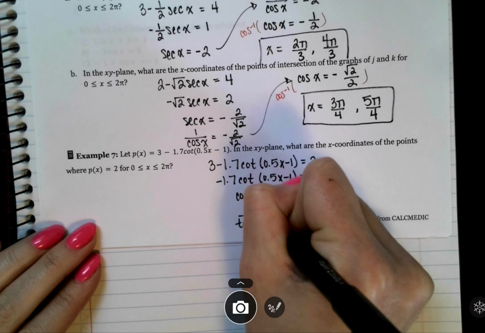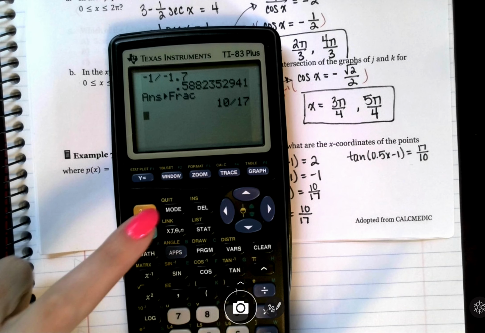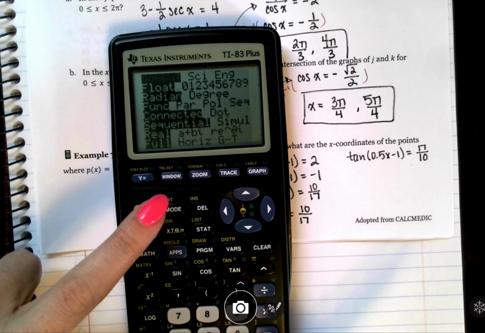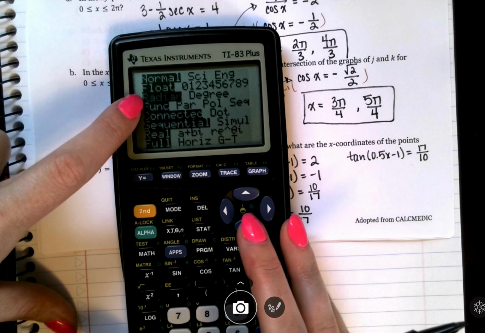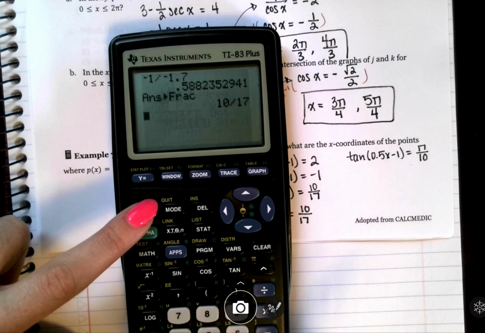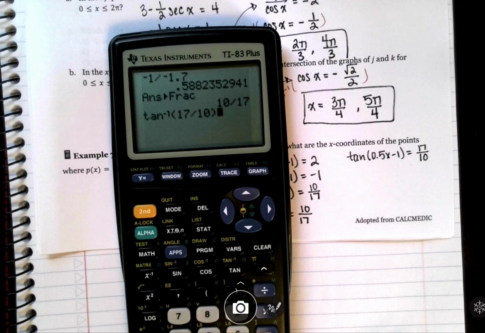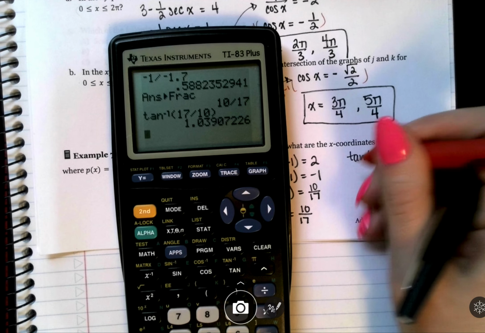So on my calculator, I first want to make sure that my calculator is in radians. So I'm going to check my mode, and radians should be highlighted in black, which mine is. So I'm going to do arc tangent, so second tangent of that fraction 17 over 10. And I get this. So I'm just going to write what we did on here.